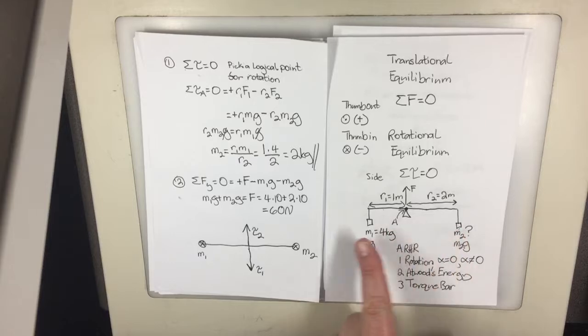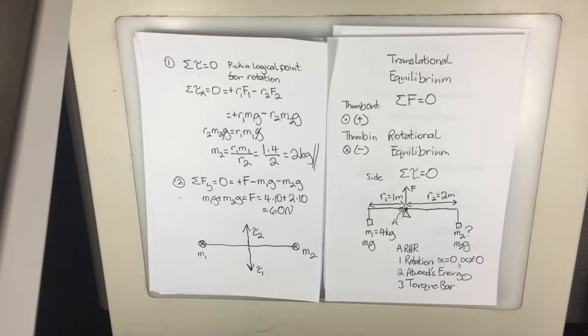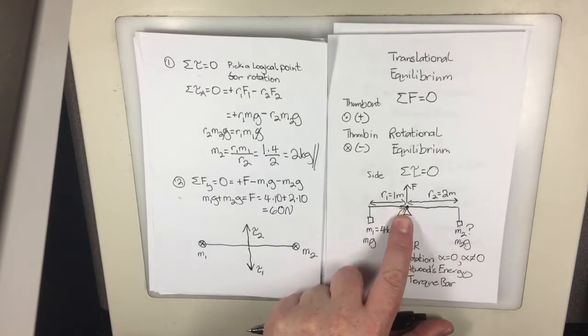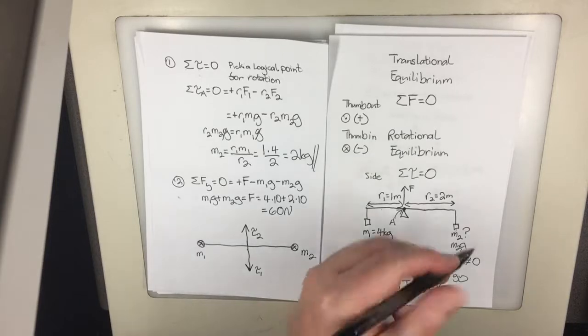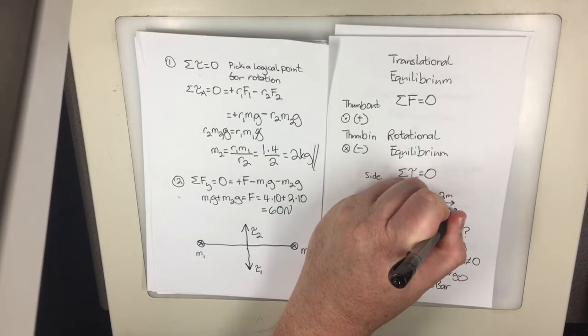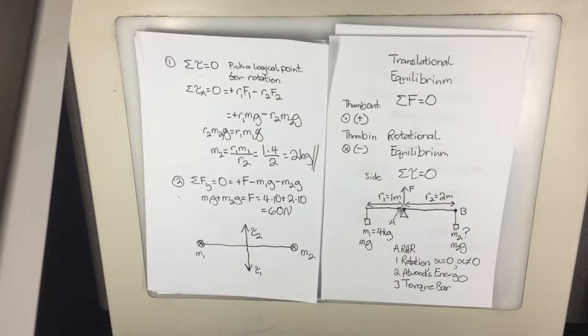So in this particular problem, I have two unknowns, M2 and F. I picked A as the rotation point because I could effectively eliminate F and solve for M2. What I'm going to do now is the same problem, but I'm going to pick B as the pivot point and solve for F.